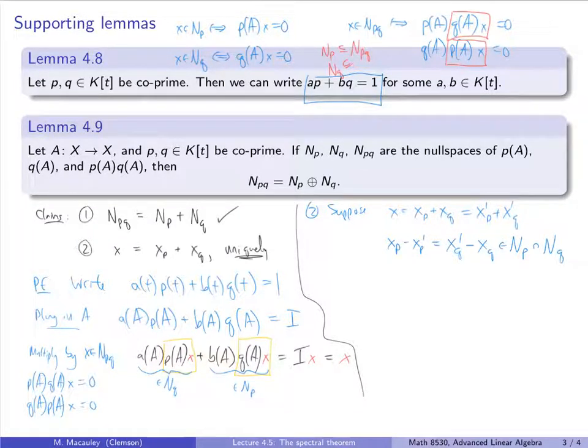Now remember, to show that this is a direct sum, we have to show that this is precisely the 0 vector, that they intersect trivially. Okay, so how do we do that?